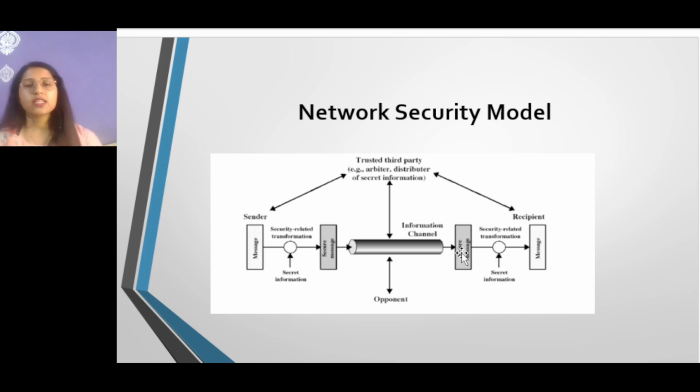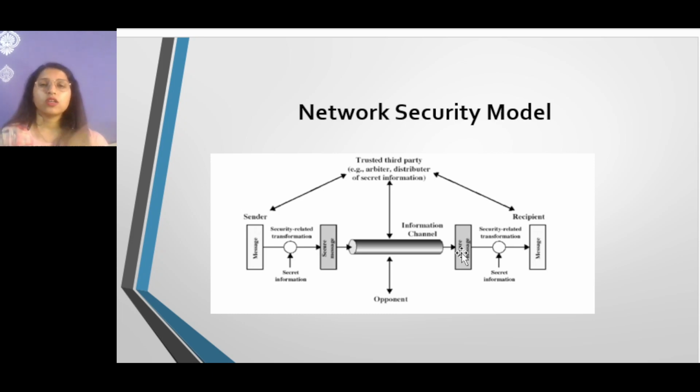So once the data is sent from the sender to the receiver, throughout the path you are going to protect your data. The two parties, the sender and receiver, we will refer to as the principals in the transaction. And these two principals should cooperate on the exchange of data. Whenever the data is transferred from one principal to another principal, they should rely on a system which is much more efficient.